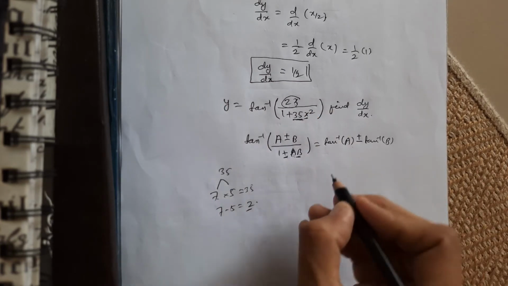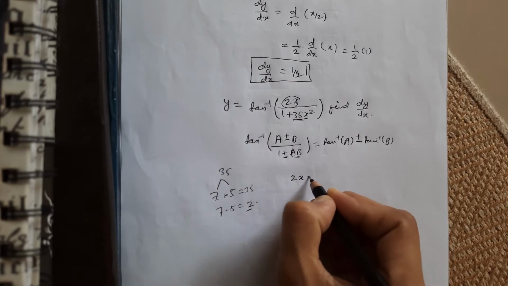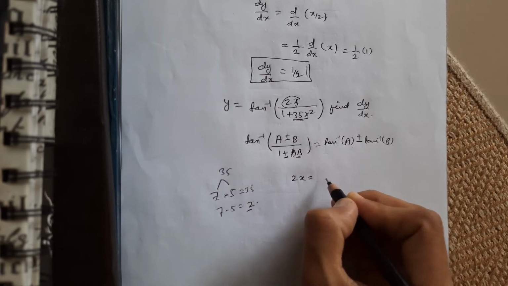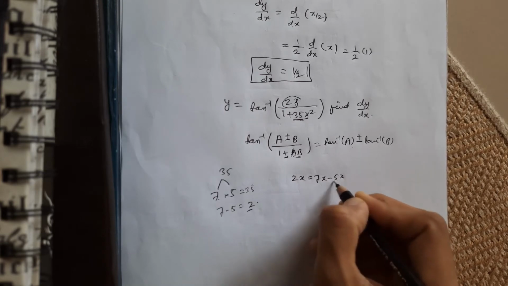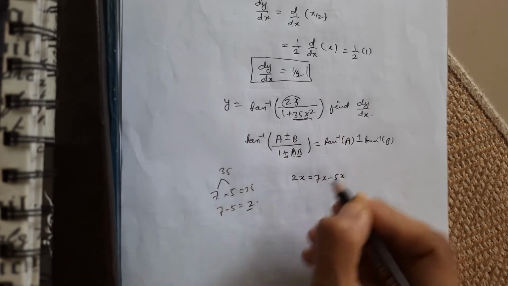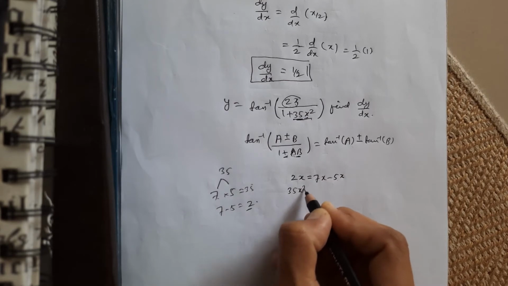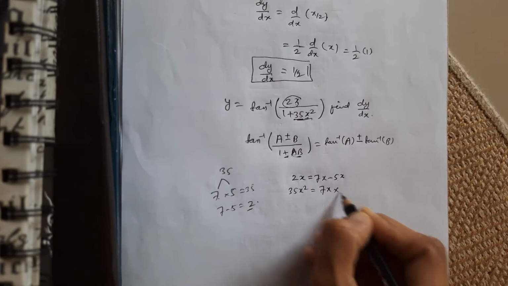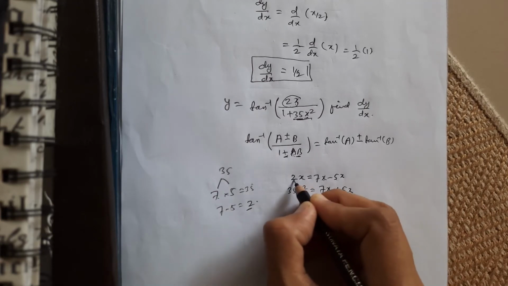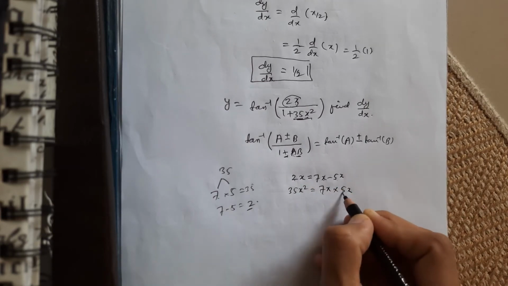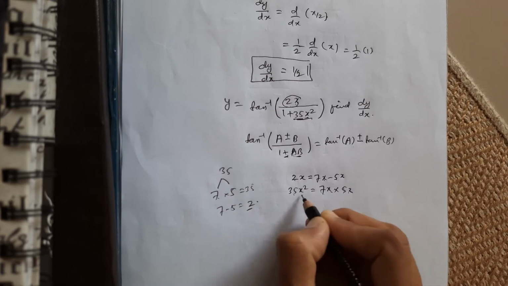So instead of this 2x, I will write 7x minus 5x, and instead of this 35x square, I will write 7x multiplied by 5x. So what will I get? 7x minus 5x equals 2x, and 7 into 5 is 35, x into x is x square.